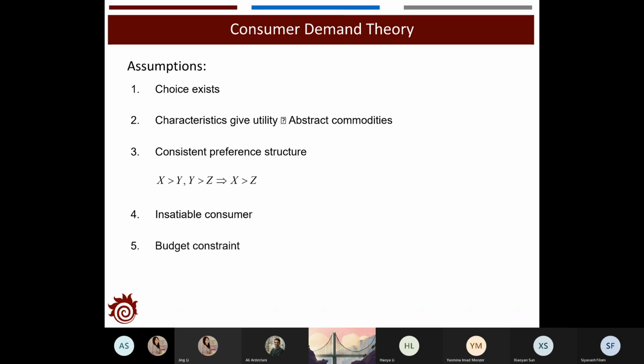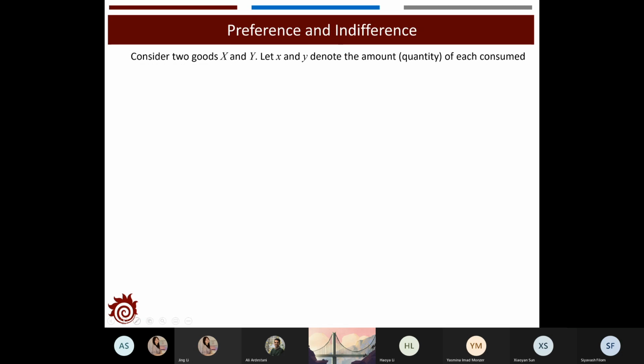And the last one is the budget constraint. As the consumer, they may not have an infinite budget. Instead, they will have a limited amount of money they can spend to purchase those products. So those are the 5 assumptions we made for the consumer demand theory. And some of them will be explained in more detail in the next few slides.